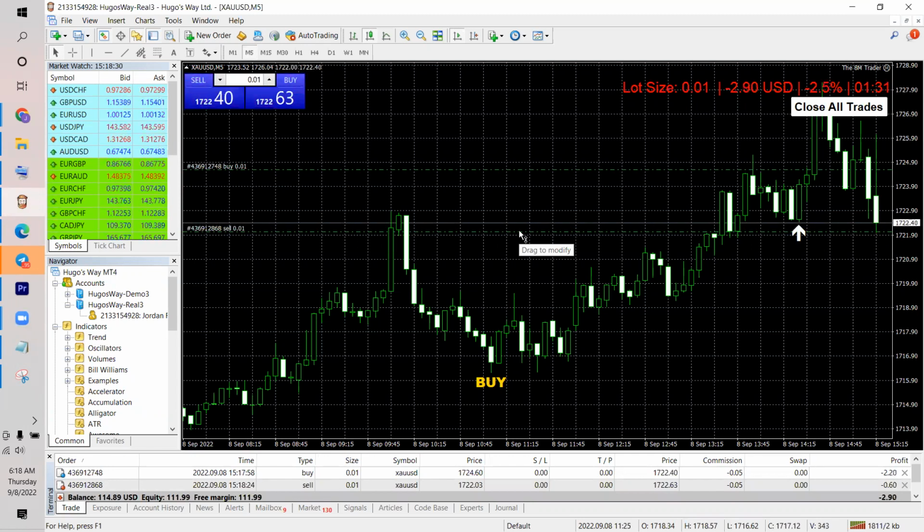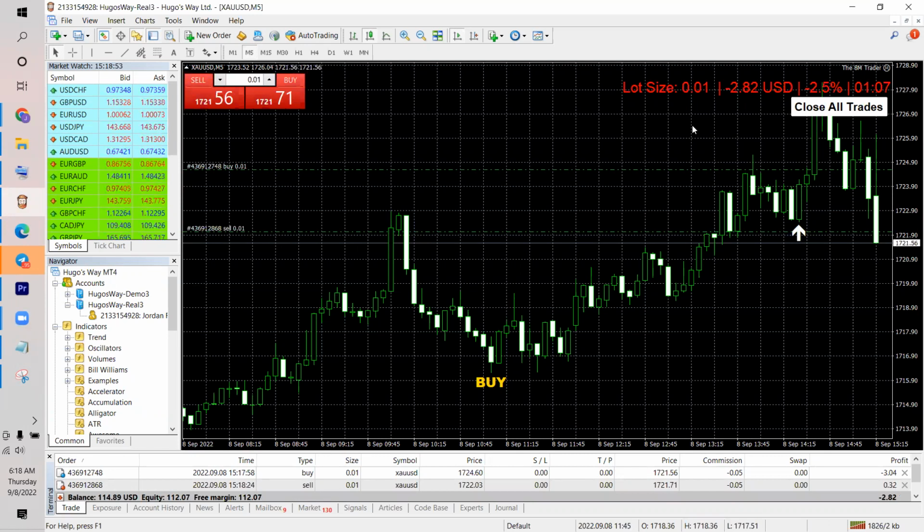So I wanted to show everybody what happened on that move right there. We noticed that the arrow itself disappeared. We saw that there was a buy arrow, and then now we saw that the buy arrow itself disappeared. And what that means for us is that the trade is over.